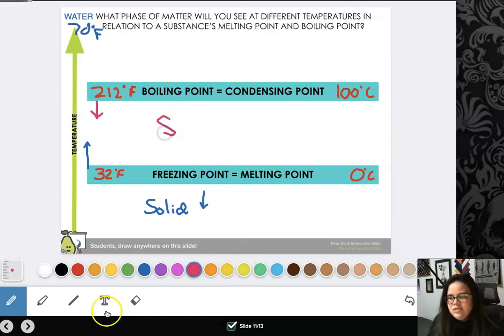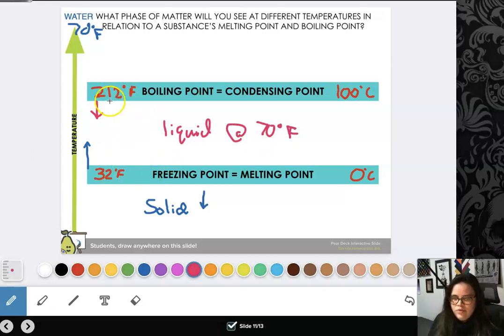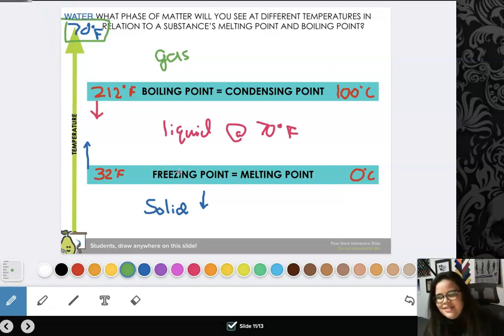And so that tells us that water is going to be a liquid at this specific temperature, at 70 degrees Fahrenheit, because it is in between these two temperature values. Okay, if we are at a temperature greater than 212 Fahrenheit or greater than 100 degrees Celsius, we would have a gas. But that is not the case for water at room temperature, and that's why if I had a cup of water here, it would be in the liquid state.